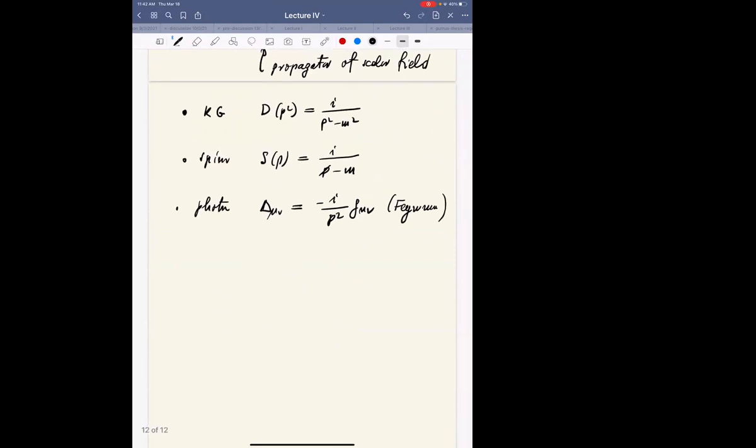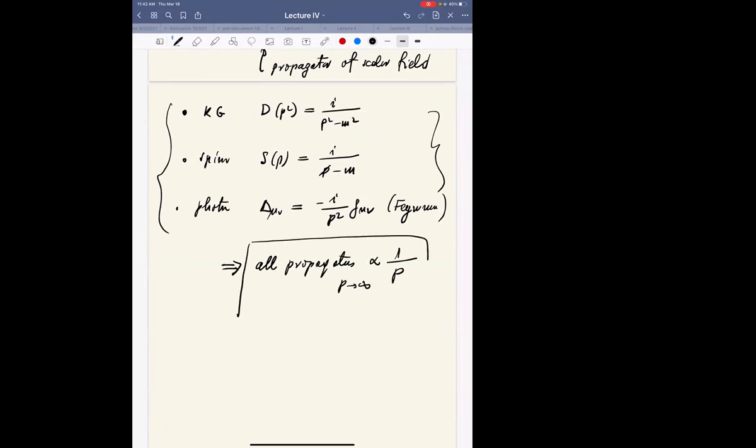Notice the joint characteristics of the propagators up to now. All these propagators have one thing in common. All propagators are proportional to 1 over momentum or a power of it when p goes to infinity. They vanish.